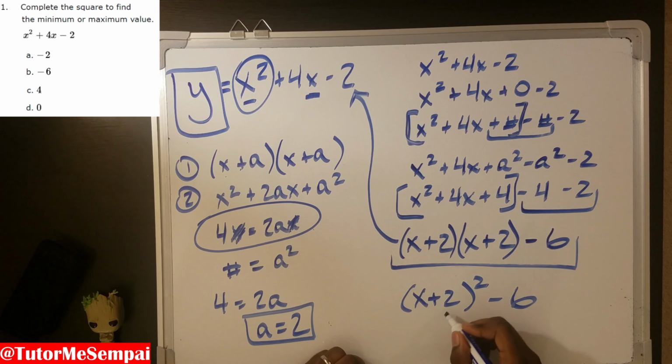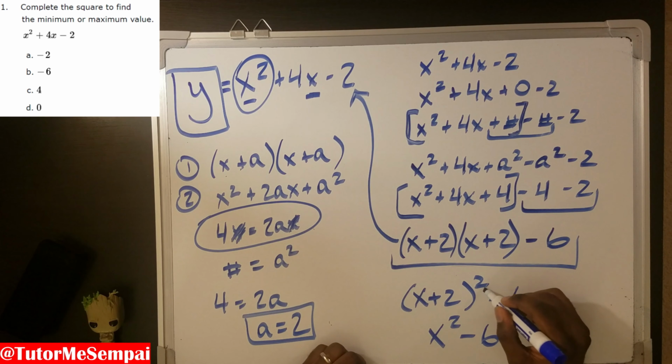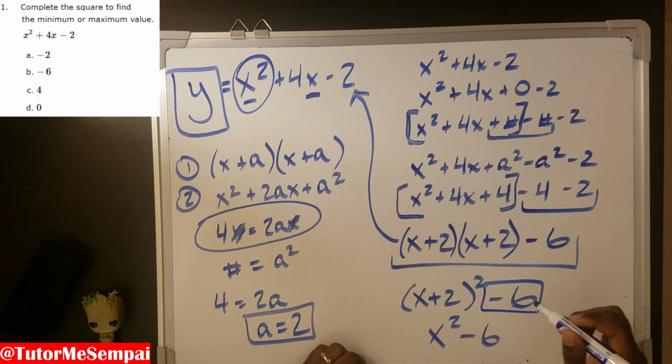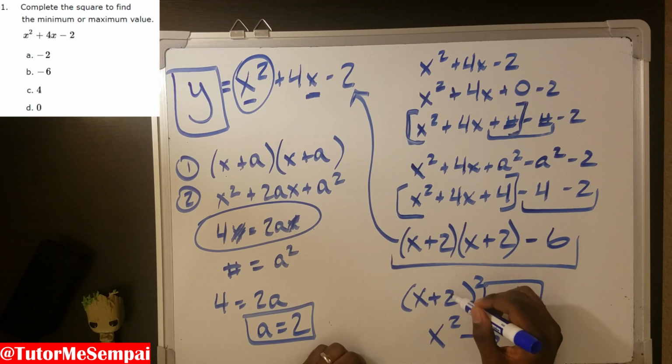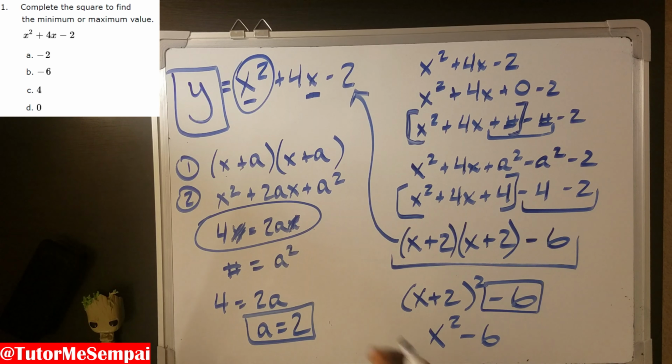So that means this is essentially similar, not the same, similar to an x squared minus 6, just shifted over. So if we know that adding and subtracting a constant to x squared gives us a minimum or maximum value, then we know that adding or subtracting a constant to x plus 2 squared will do the same thing, which ties back to our question.